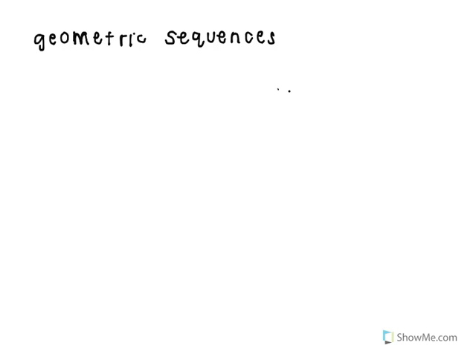So let's start off with a simple example. We'll begin with the number 1. Let's multiply 1 with 5. So we get 1 times 5 equals 5. Next we multiply that product of 5 with another 5.